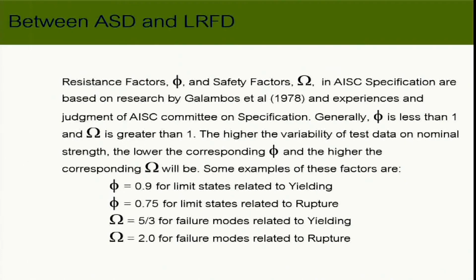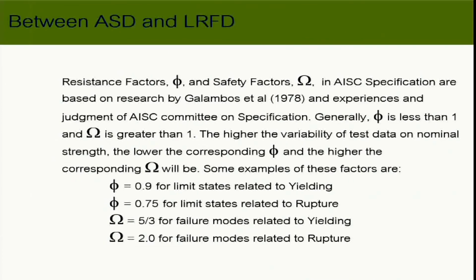Another one is the rupture failure. It's when things get torn apart from each other, and we call that rupture. A rupture failure is a brittle failure. It happens so quickly, suddenly and unexpectedly, so it's more dangerous.